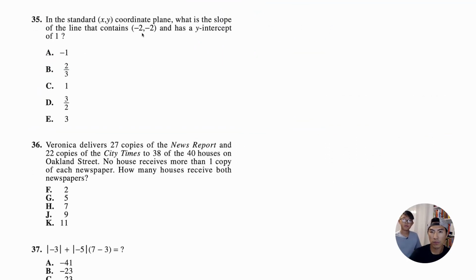In the standard xy coordinate plane, what is the slope of the line that contains negative 2, negative 2 and has a y-intercept of 1? Let's draw out a coordinate plane. It has a y-intercept of 1.